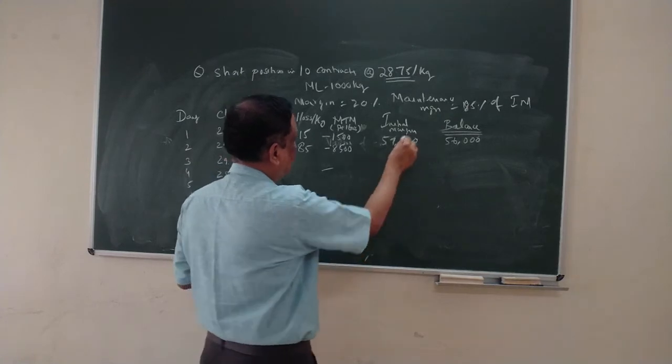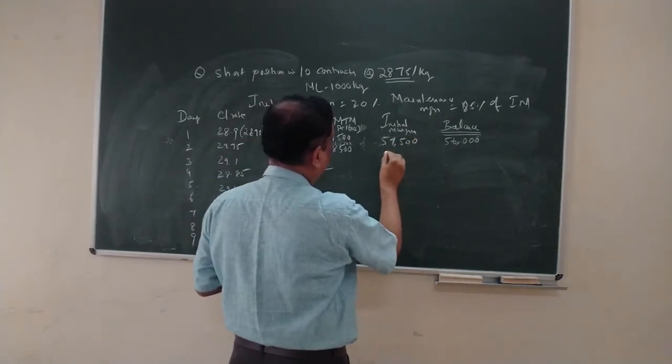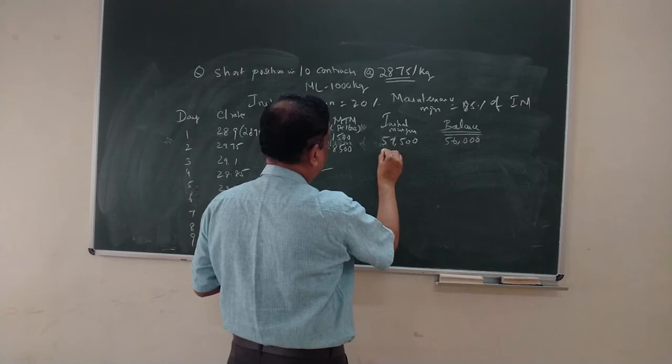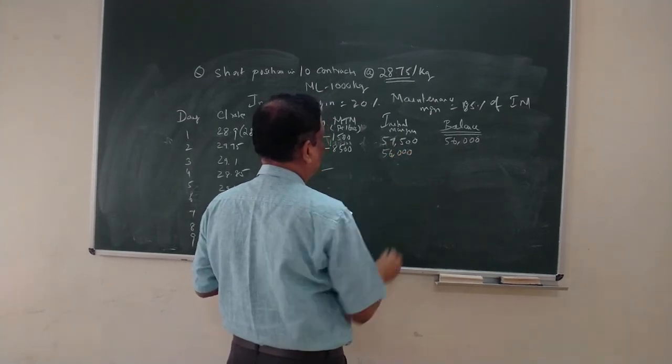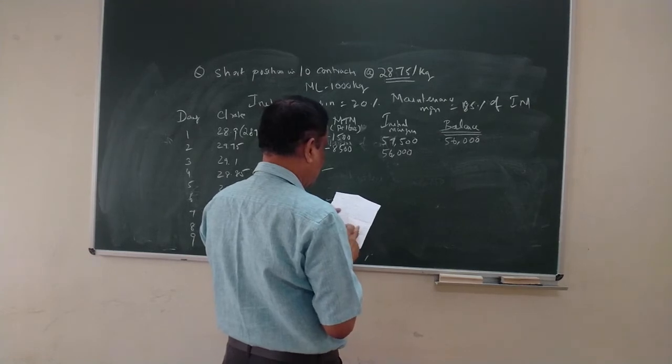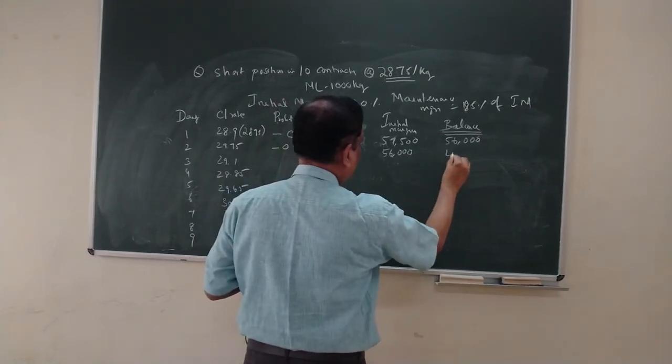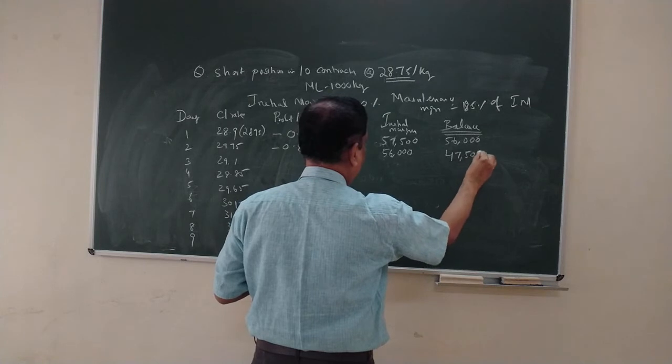And this balance, 56,000, from this you can deduct 8,500, it will become 47,500.